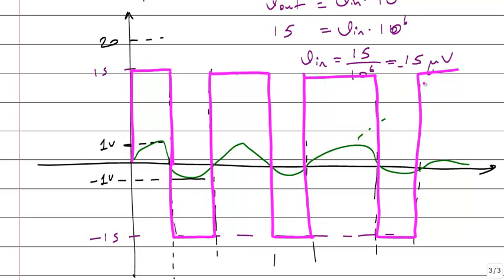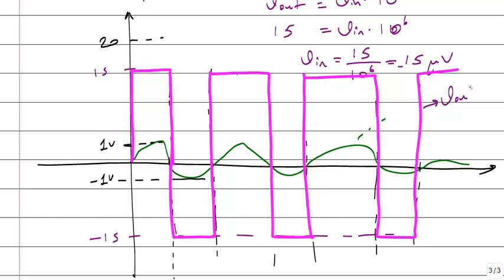It will always be either higher than 15 microvolts or lower than minus 15 microvolts. So you will always see plus 15 or minus 15 volts at the outputs.